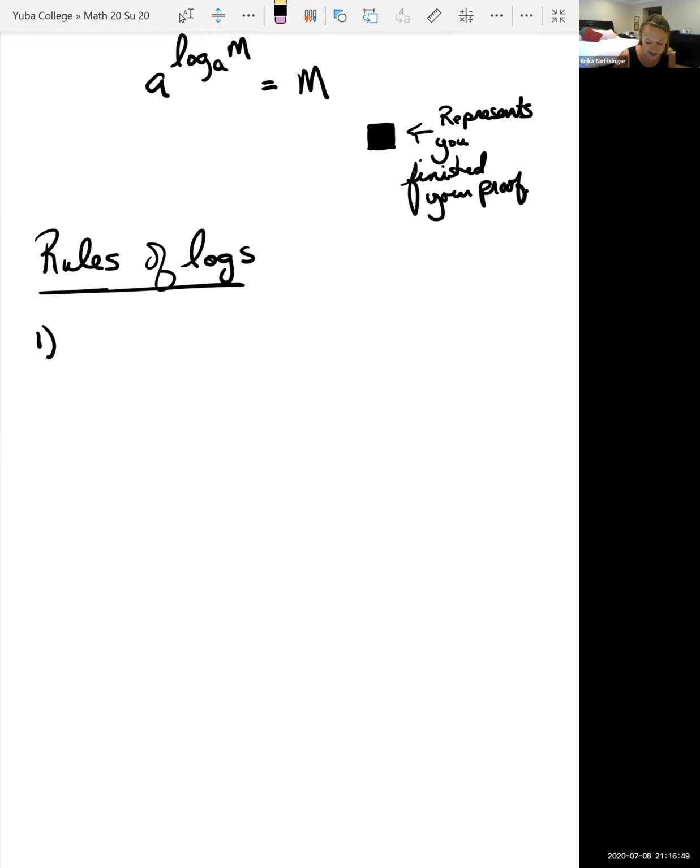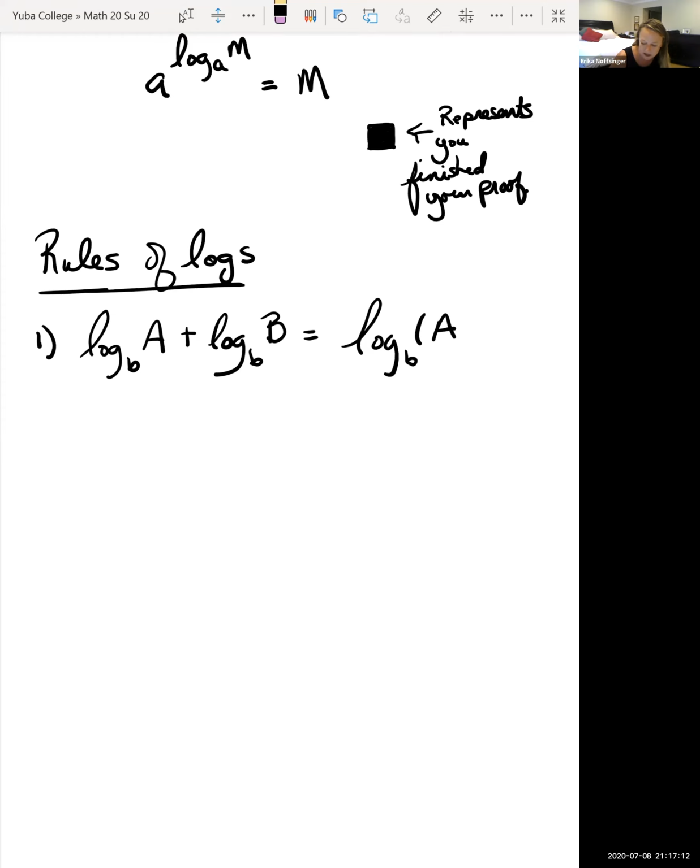And so it says that if you have some log, it doesn't matter what the base is, base b of, let's say, a, and you are adding some log of the same base, base b of something else, capital B. This is the same thing as log base b of a multiplication of what you are taking the log of the first times what you are taking the log of the second.